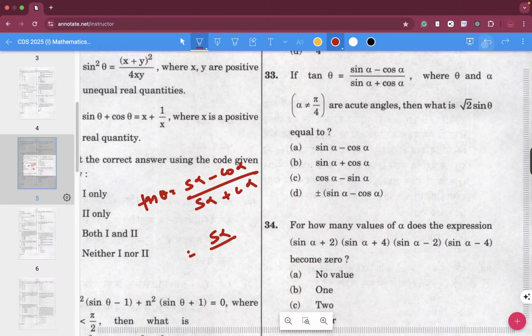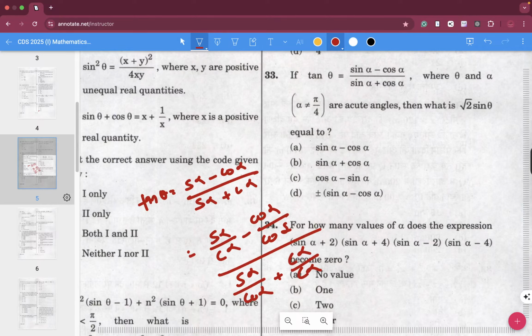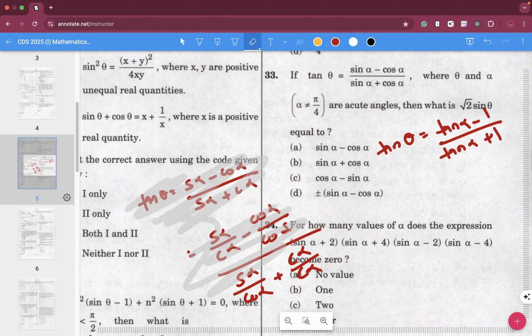Sorry, we divide by cos alpha: sin alpha divided by cos alpha minus cos alpha divided by cos alpha, over sin alpha divided by cos alpha plus cos alpha divided by cos alpha. So what do we get? We get tan theta is equal to tan alpha minus 1 divided by tan alpha plus 1. Okay, right? If we do that, now this question is something like this.